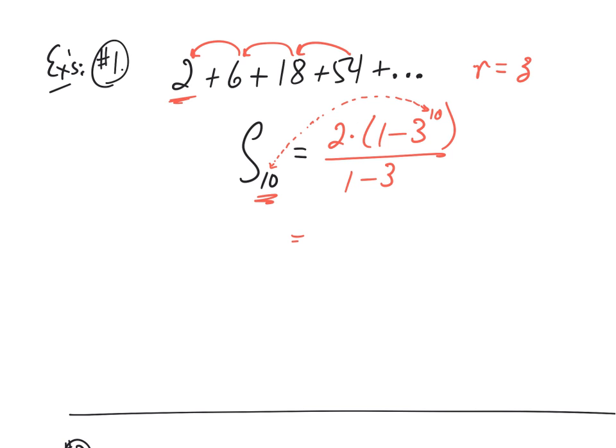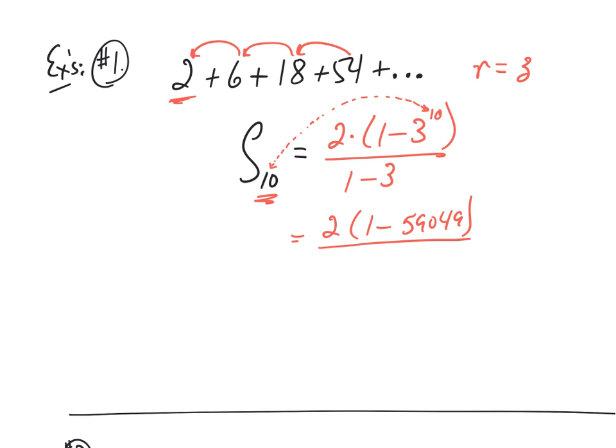And now what you guys have to do is the order of operations in the correct order. You've got to use your PEMDAS correctly. Inside the parentheses, we have subtraction and we have an exponent. Of course, we do the exponent first. So 3 raised to the 10th power is 59,049.